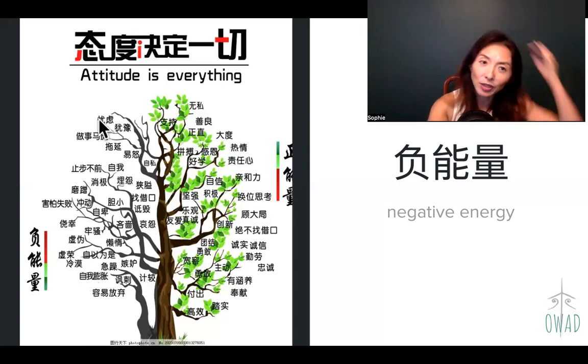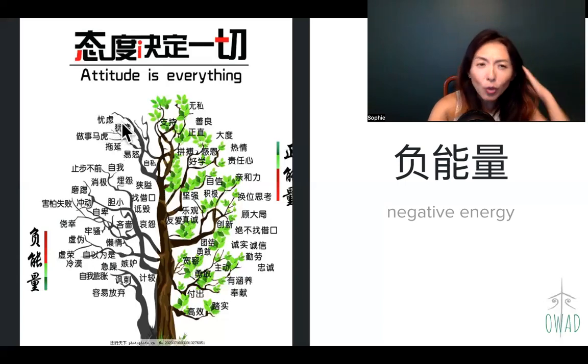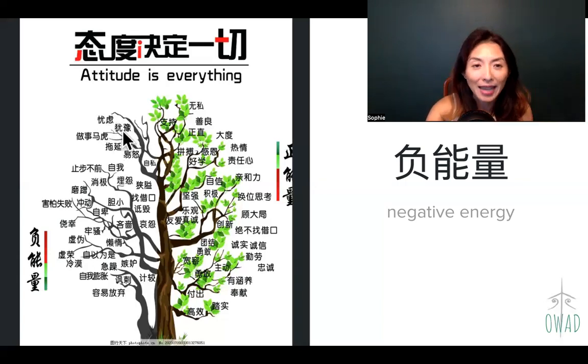And I'll just give you some examples. 犹豫 means hesitation. 忧虑 means worry. 坐视马步 means you're not being accurate, you make a lot of errors, and procrastination. 易怒 means anger issue, 自私 selfish, 狭隘 close-minded, 找借口 finding excuses, 诋毁 means you're pointing a finger at others and blaming others. 哀怨 means you're sad and you're complaining.